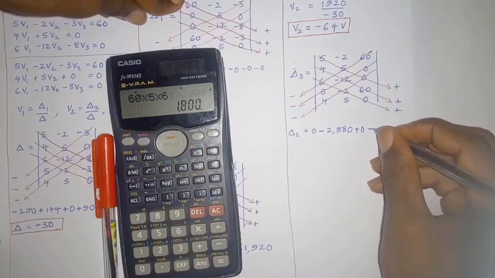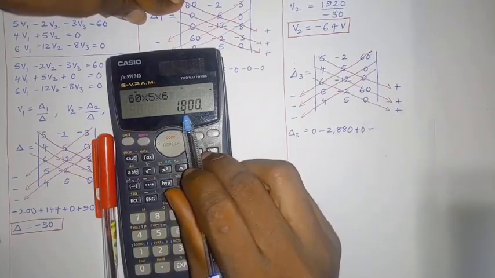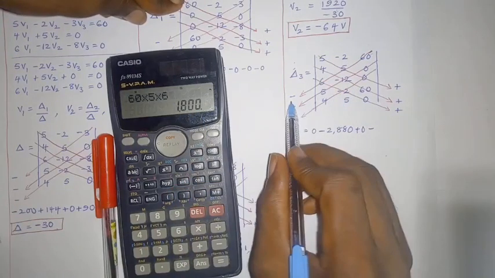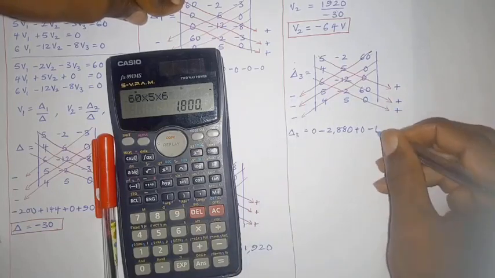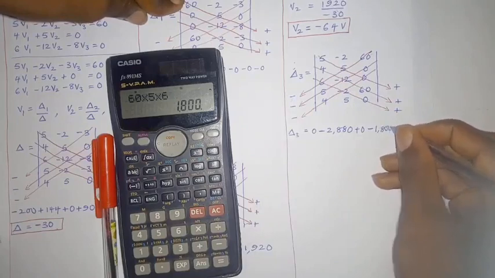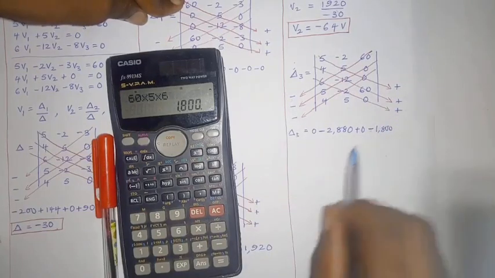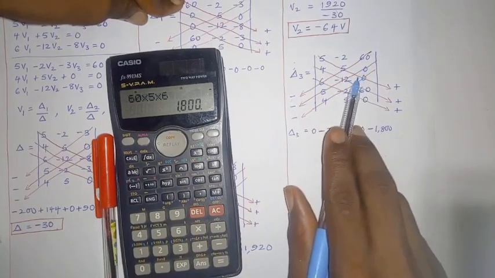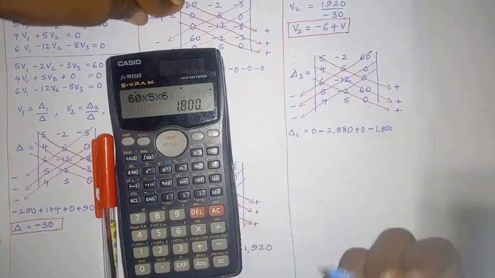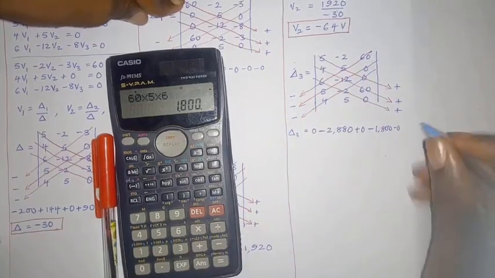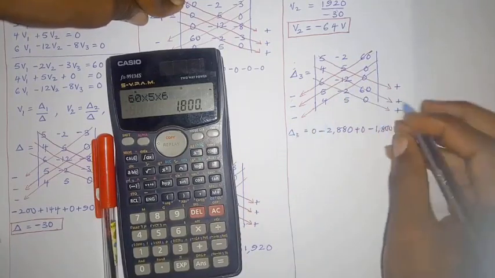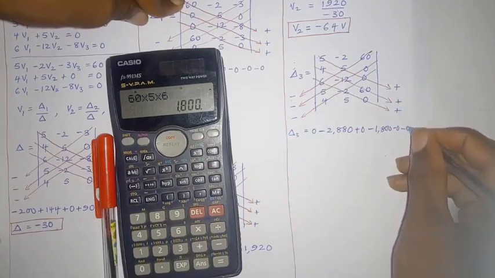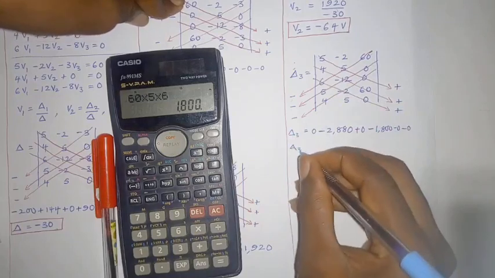When you multiply with this minus, it will give you minus 1,800. Then what else? This one, we have 0 here, so when you multiply everything, it will still give you 0. And this one also, we have 0 here, when you multiply everything, it will still give you 0. Now let's add everything up.